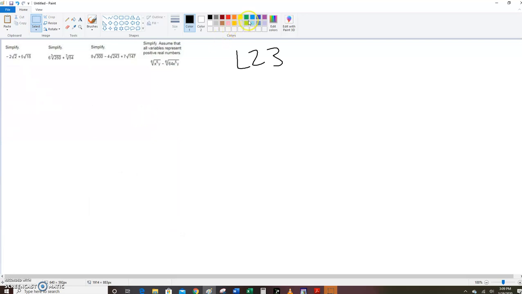The next example, you have cube roots. Six times the cube root of 250 plus the cube root of 54.